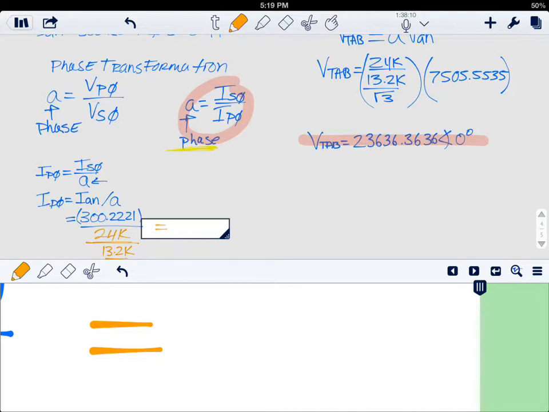You should be careful here when entering this value, because sometimes when using the calculator, if it's not entered correctly, you will get an incorrect response.